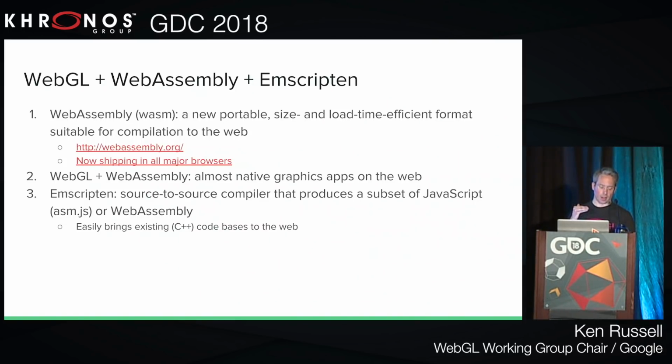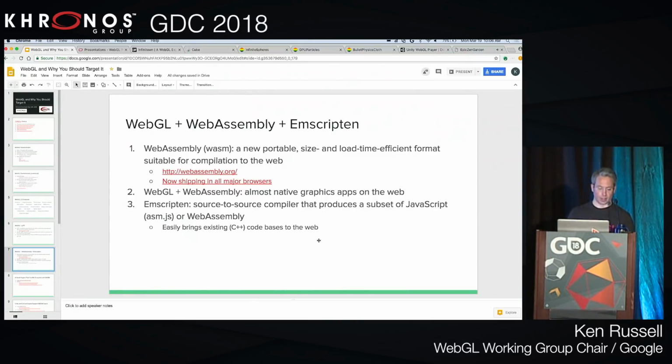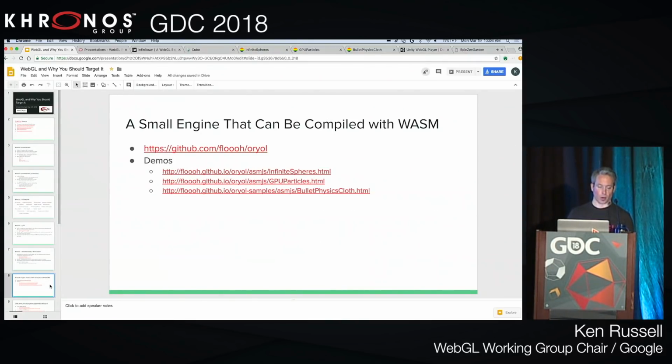WebAssembly is a new file format that's supported in every major browser, and it gives you the instruction sets to be able to run these kinds of code bases fast. It has real 64-bit integers, for example, which JavaScript does not have, so there's no emulation of that. And so with this, you can bring substantial code bases to the web.